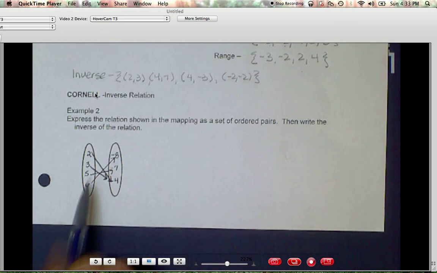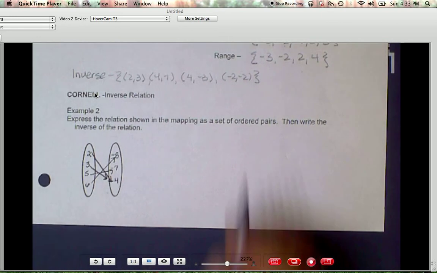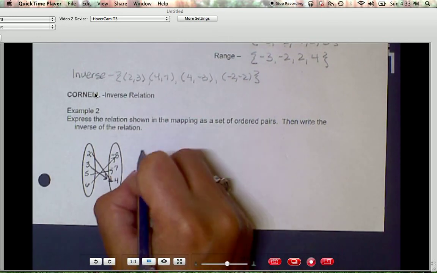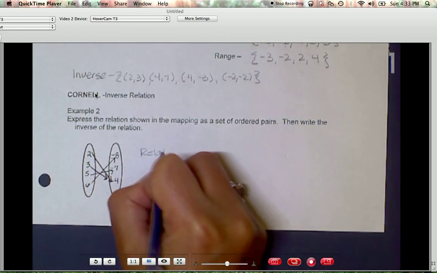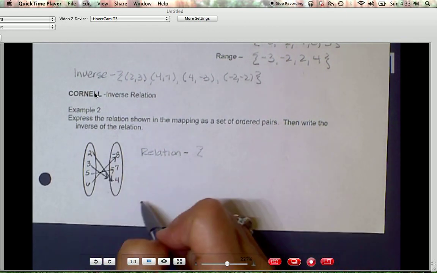So let's look at example 2. Express the relation shown in the mapping as a set of ordered pairs. Then write the inverse of the relation. So if we write it as a set of ordered pairs, or we call it the relation, you just figure out what point each of these represents.